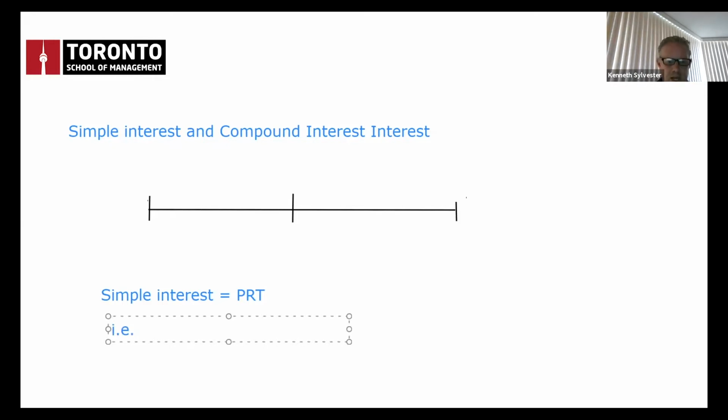if I had $100 and the interest rate was 5% for 2 years, what would be the amount of interest that I collect on that? Can anybody calculate that?